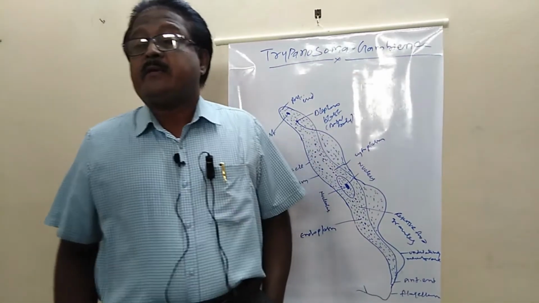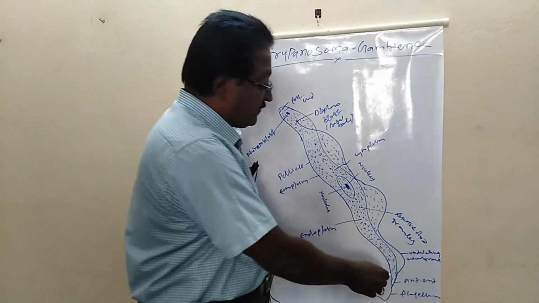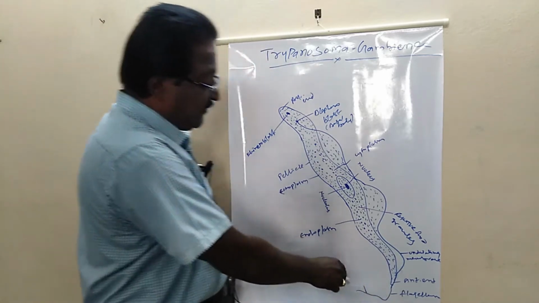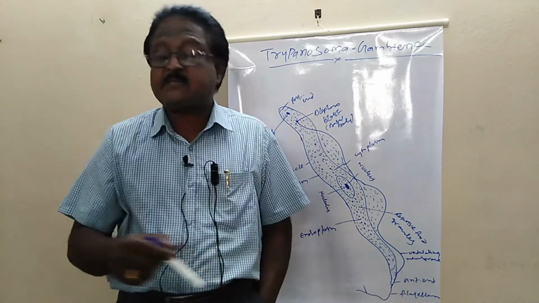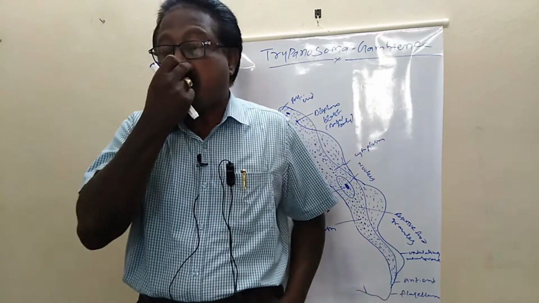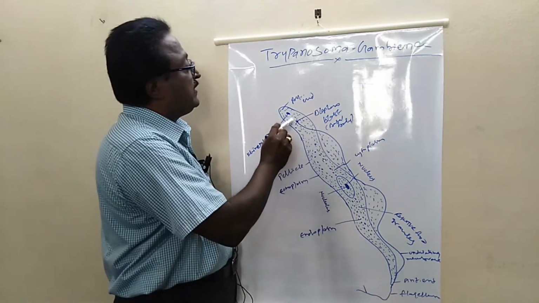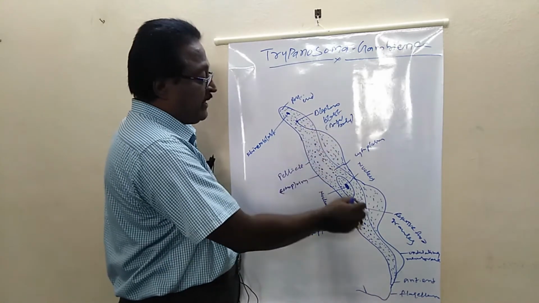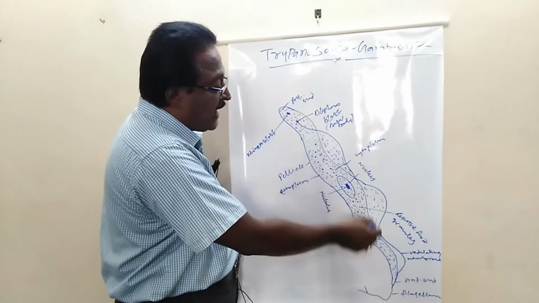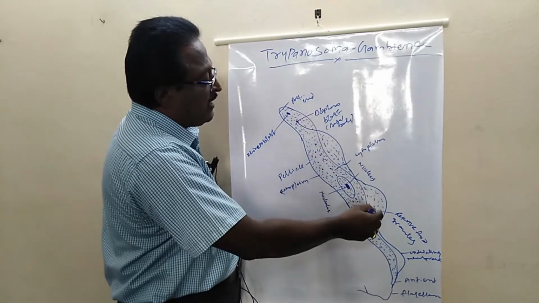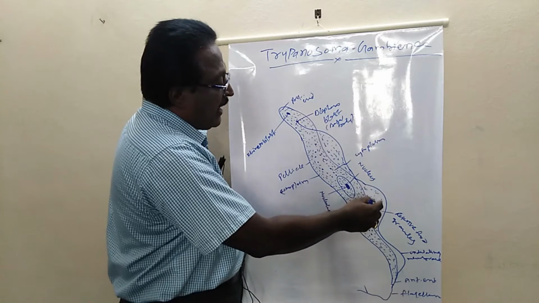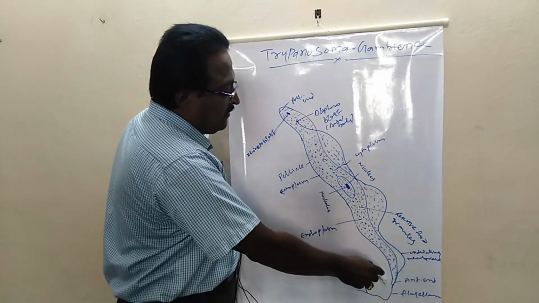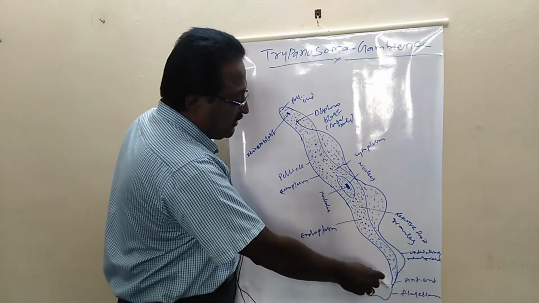And now there is a whip-like structure called the flagellum. At the anterior end it looks like a whip, and it is called the flagellum, which arises from the posterior end of the blepharoplast, also called the basal body, and runs anteriorly along the pellicle to the anterior end, where it merges into the flagellum.